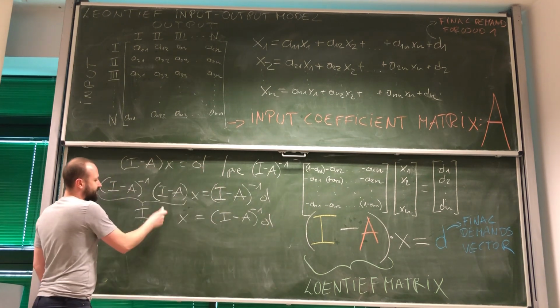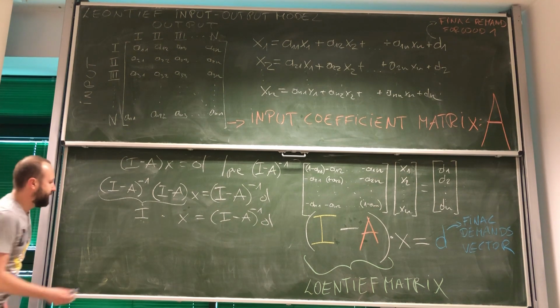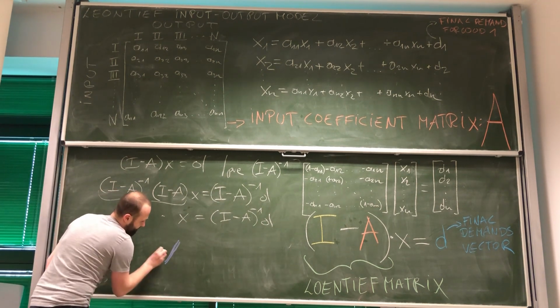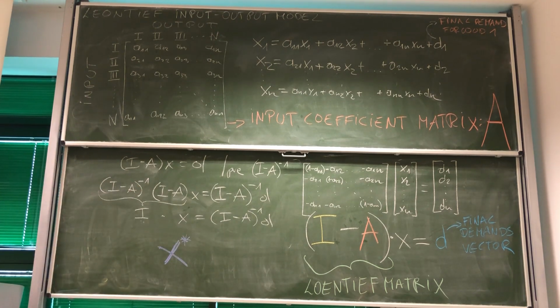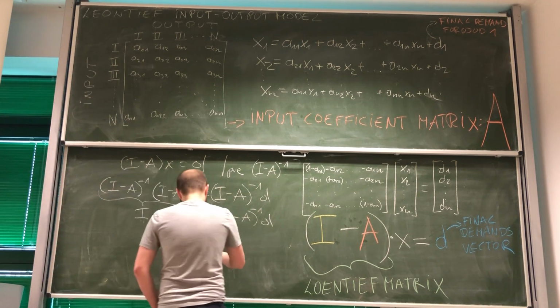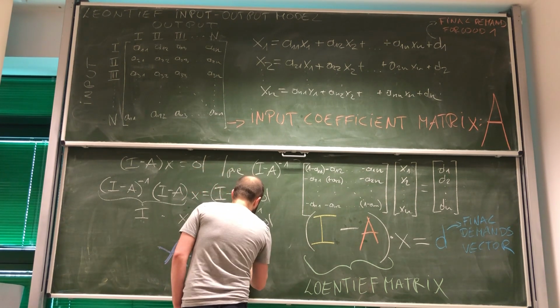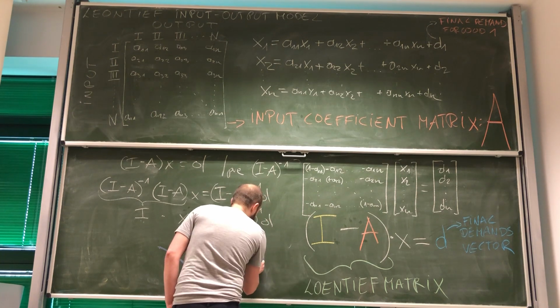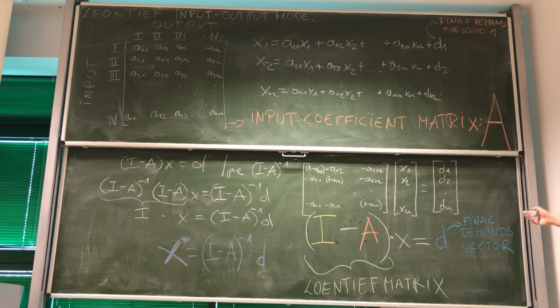But the identity matrix times X is just X, so at the very end, the vector of solutions, which contains levels of production in each sector, is given as the inverted Leontief matrix multiplied by the vector of final demands D.